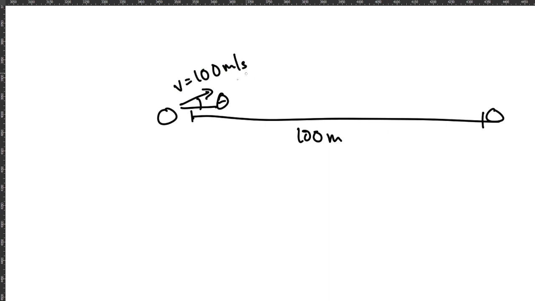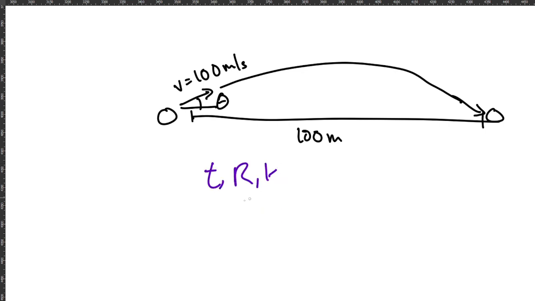And this goes in a projectile motion shape and lands in the center of the target. Right, okay, so this is quite simple if you remember the three equations: time, range, and height. And I can write them out here just as reference.